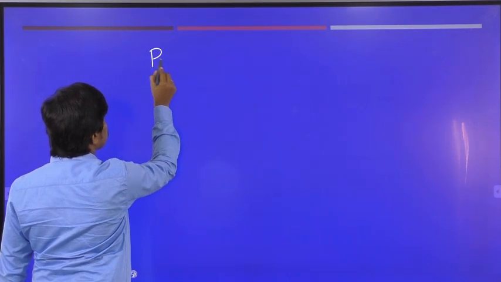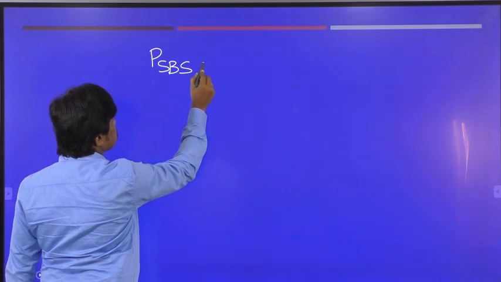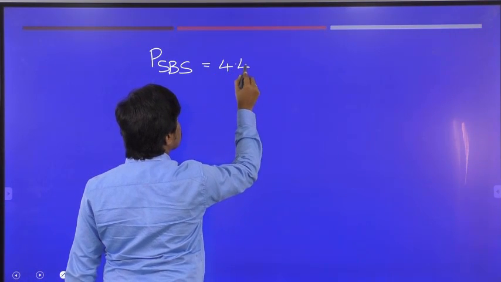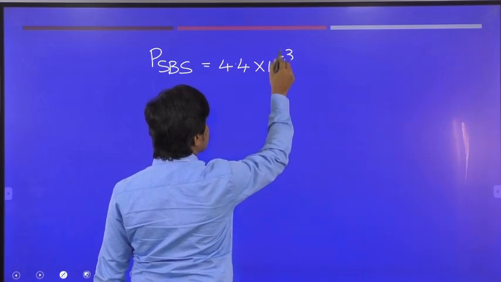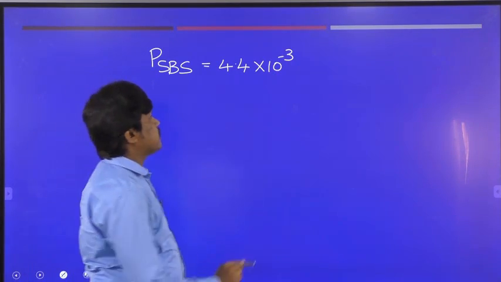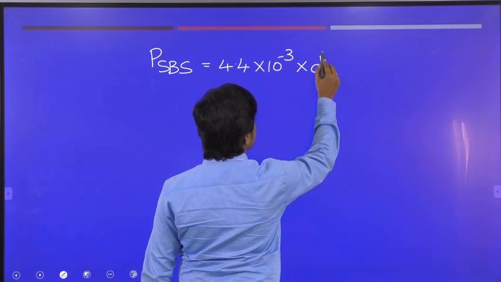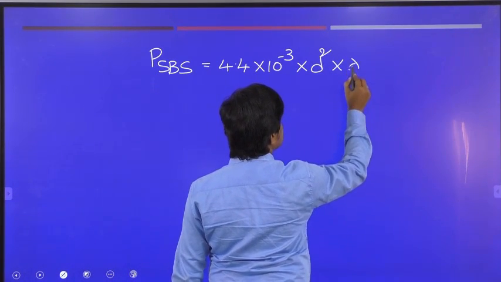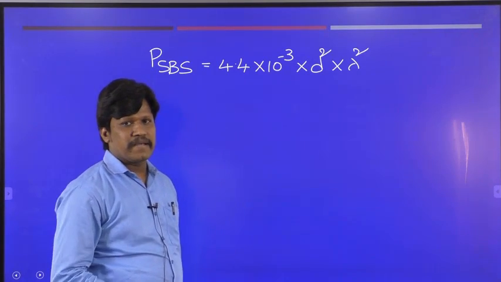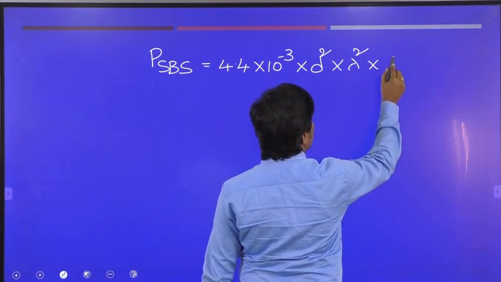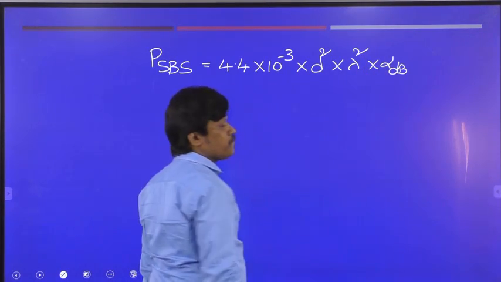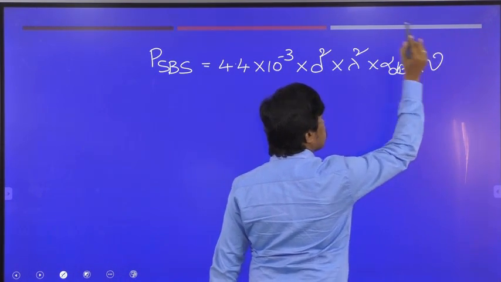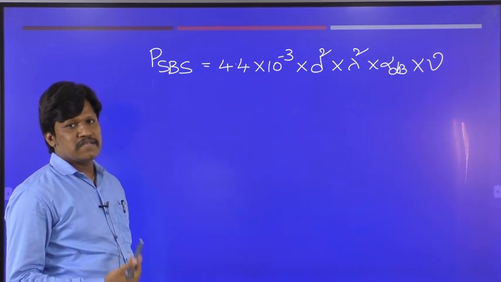We know that the threshold optical power for stimulated Brillouin scattering is 4.4 into 10 power minus 3 into d square of the core diameter into lambda square of the operating wavelength into alpha dB attenuation dB per kilometer into mu. Mu is the laser source bandwidth.